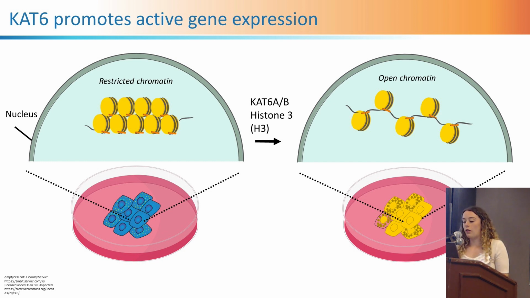And this is very important, but can be difficult to understand because there's a lot of other cellular functions that are going on that need to be taken into consideration. And so what our lab is doing is looking to find a way to discover and learn more about what specific marks KAT6A and KAT6B are adding to the chromatin.